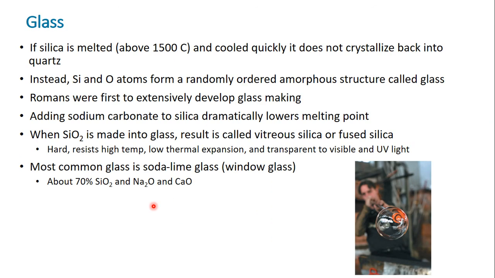Now, the next compound is glass. You get glass by taking silica and melting it, above 1500 C, and then cooling it very quickly so it does not reform into quartz. Remember in the last video we said that silicas will form quartz. Well, you can melt it and cool it extremely fast and you'll get glass.